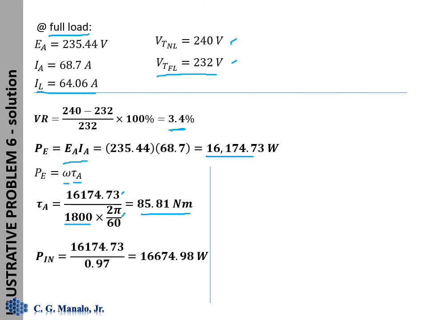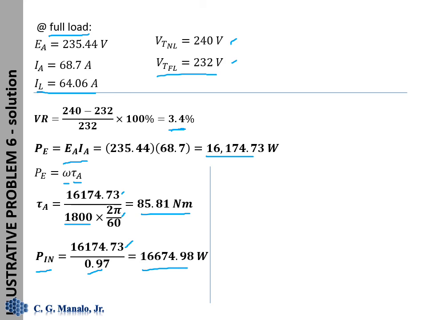You can also compute for P in. It is given that 3% of P in is wasted for mechanical and core losses. So we simply divide the electromagnetic power by 0.97. Take note that P sub in must be greater than the electromagnetic power, since power comes from the prime mover.